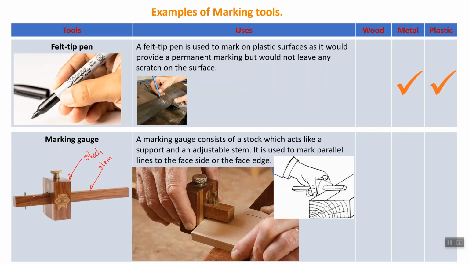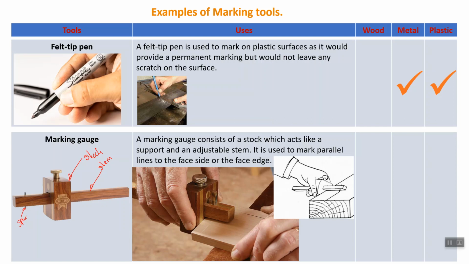It also has a sharp piece of material here, which is called a spur. This is the marking part of the tool. For example, here you can see when we rub the tool onto the material, it makes a small line.